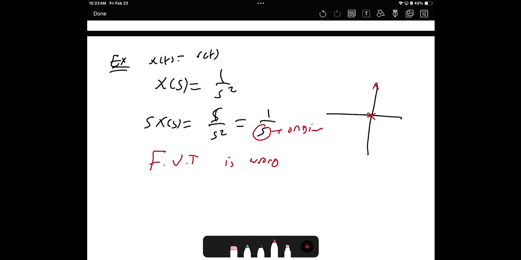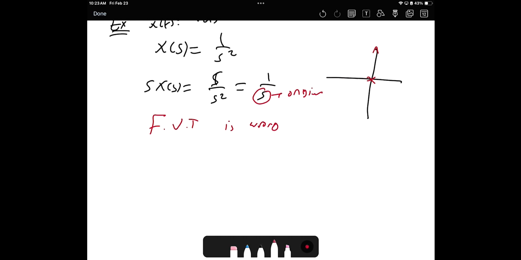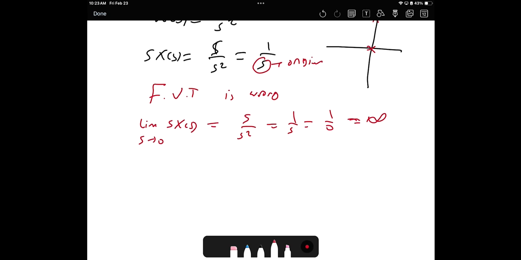How can I validate the answer? Basically, try to apply the final value theorem, which is limit of s X of s when s goes to 0, which will be s over s squared, then 1 over s, 1 over 0 equals infinity. Then in the time domain, x of infinity equals limit when t goes to infinity of r of t.